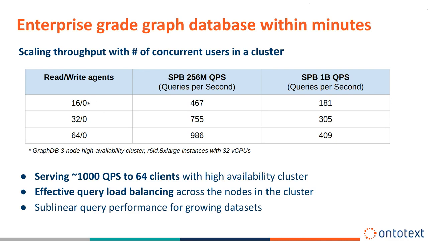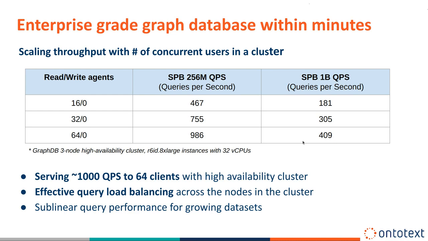Here we can see how, for example, for 16 read agents on the 1 billion dataset, we have roughly 180 queries per second, whereas with 64 concurrent reading agents, we have roughly 410 queries per second. That performance is almost 2.5 times better than for the 16 read agents, meaning that the load balancing component of the cluster is able to effectively distribute those queries to all the available nodes.